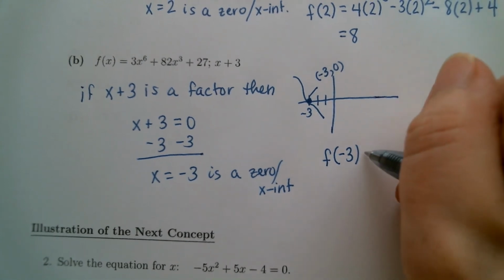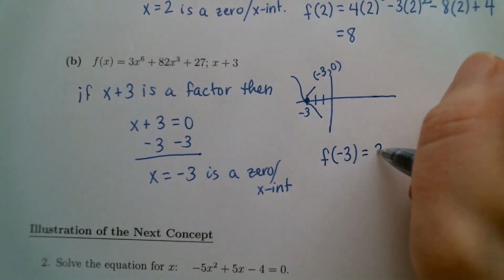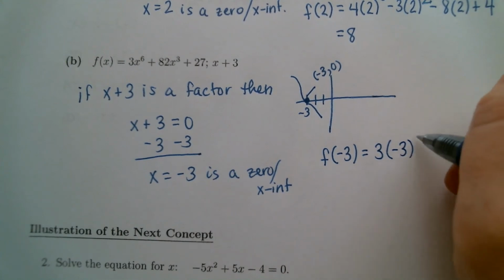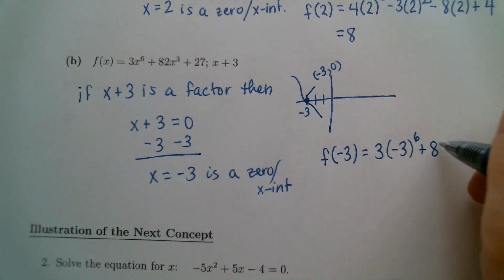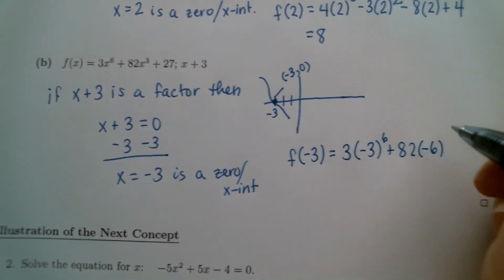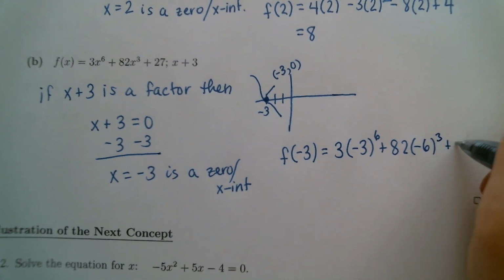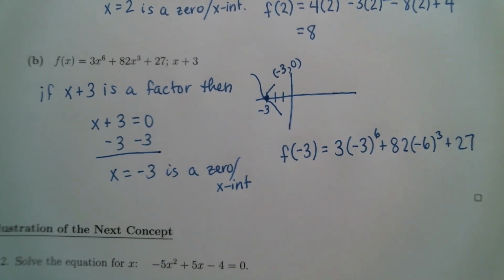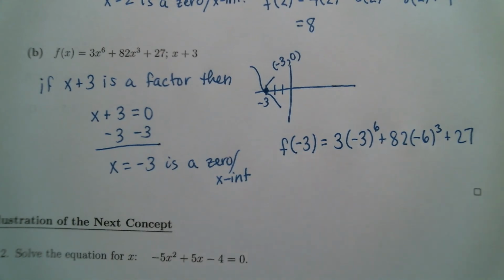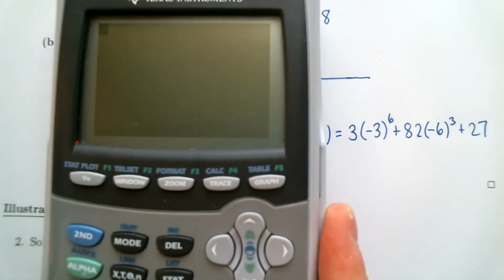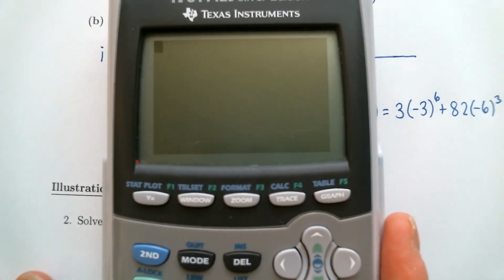So let's check it out. We're going to plug negative 3 into the function. We're going to get 3 times negative 3 to the 6th power plus 82 times negative 3 to the 3rd power plus 27.